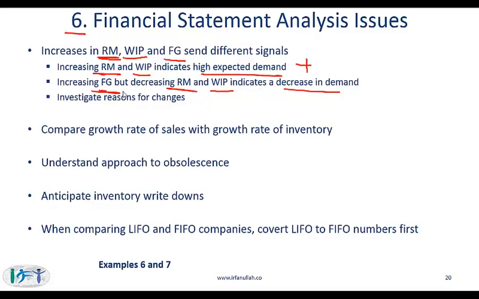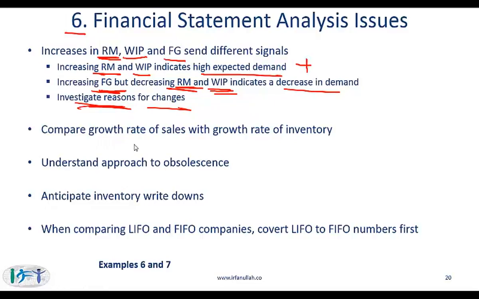So if finished goods is up but raw material and WIP is down, then this would be a negative sign. On the other hand, if finished goods is up but raw material and work in process is also up, then that could be a positive signal in that the company is expecting higher sales. So you need to look at the various components carefully, and you need to also understand why this is happening. Before you jump to a conclusion, try to investigate the reason for the changes.